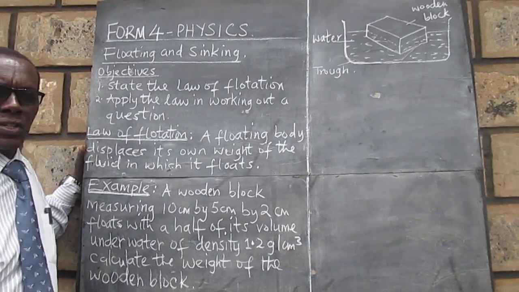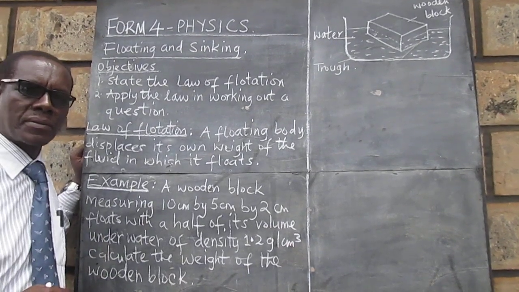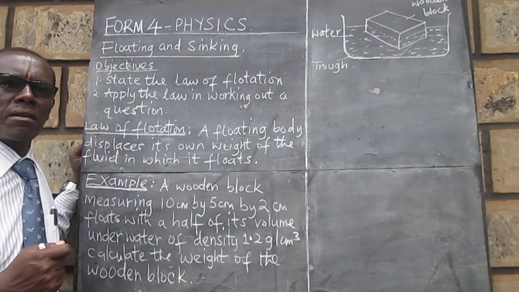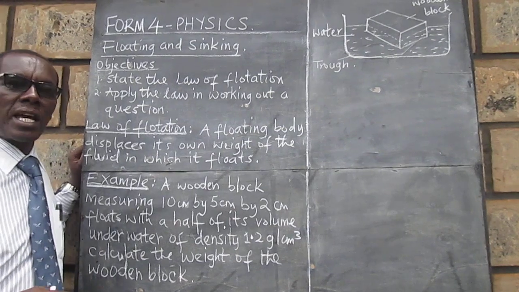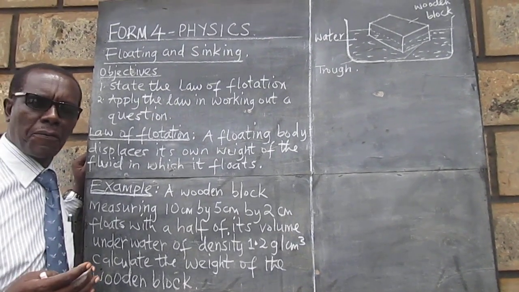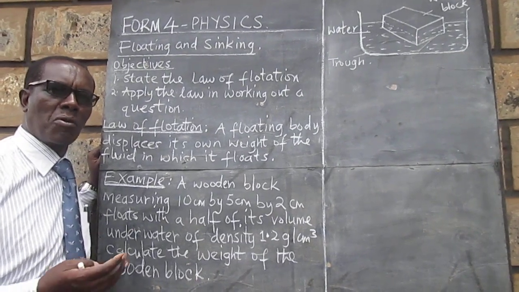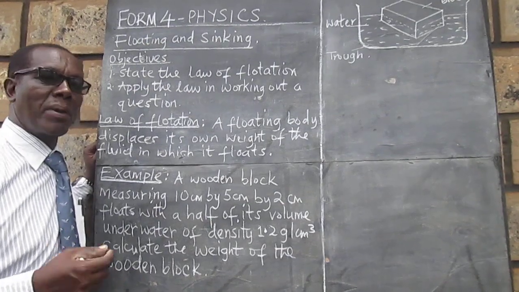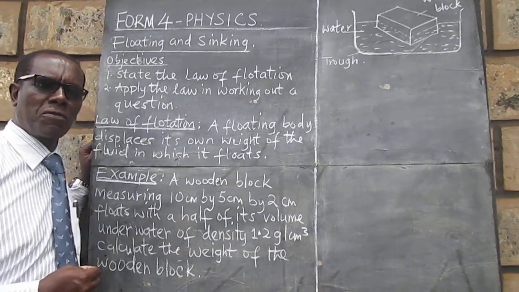The law of flotation states that a floating body displaces its own weight of the fluid in which it floats. In other words, when an object floats, for example, in water, the object will sink to a given level, and by doing that, the object will displace a given volume of water.